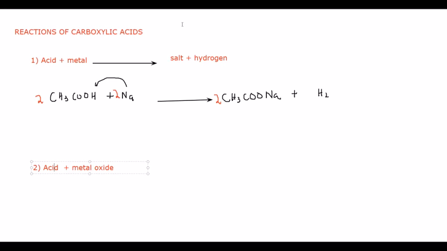This will result in the formation of salt and water. So if you have an organic acid such as ethanoic acid, CH3COOH, reacted with a metal oxide, for example magnesium oxide, magnesium will displace this hydrogen.